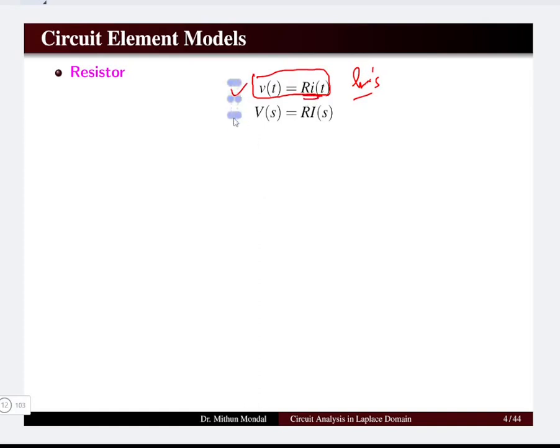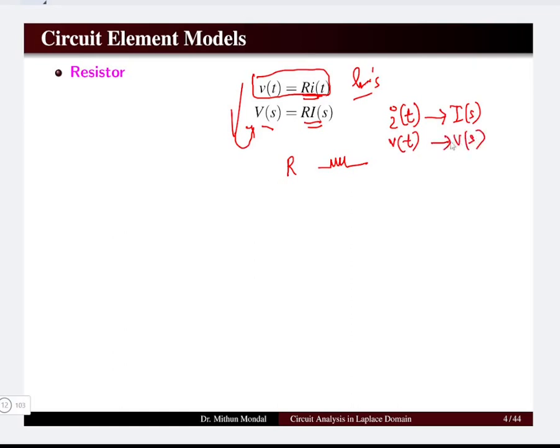This can be represented in the frequency domain or the S domain as V of s is equal to R into I of s, where R is basically the resistor that is present in the network. So the current which was in the time domain given by I of t has been converted to I of s, and the voltage which is V of t in the time domain is converted to V of s. For a resistor this is very simple to convert.